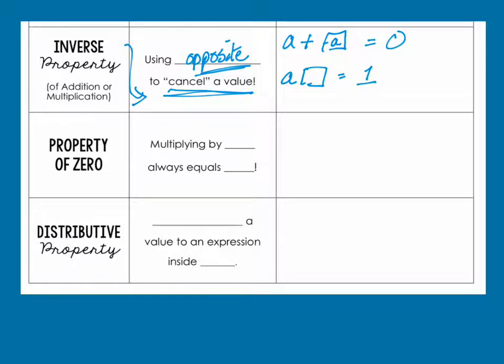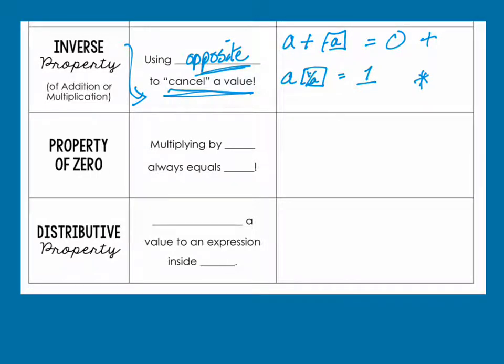Okay, that's a 0 property if I multiply it. So how do I get 1? And that would be 1 over A. So the inverse of A is negative A, if you're talking about addition. And the inverse of A, if you're talking about multiplication, is 1 over A. So it matters which one you're talking about, addition or multiplication.